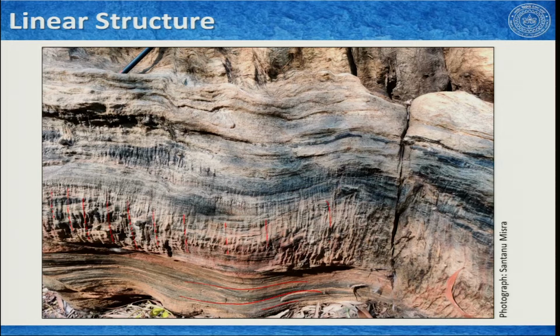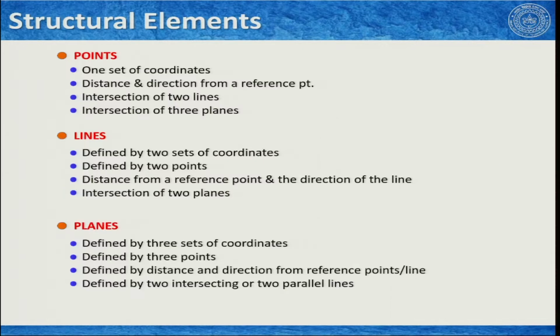What we have seen is that we can have linear features and we can have planar features, and these are nothing but some geometric descriptions. So, to understand this better, let us talk about three basic elements of geometry. One is point, the second is line, and the third one is plane. To define a point, you need one set of coordinates, then a distance and direction from a reference point.